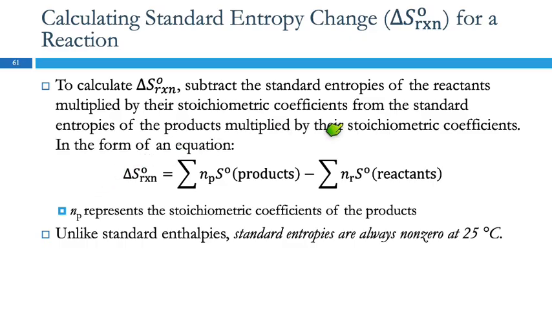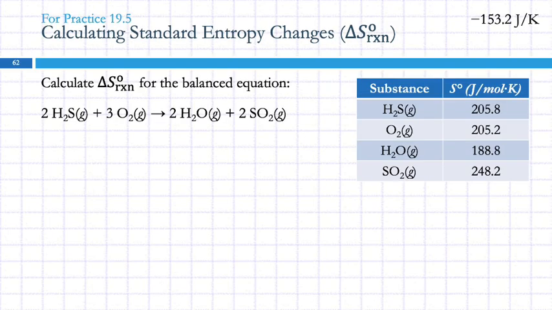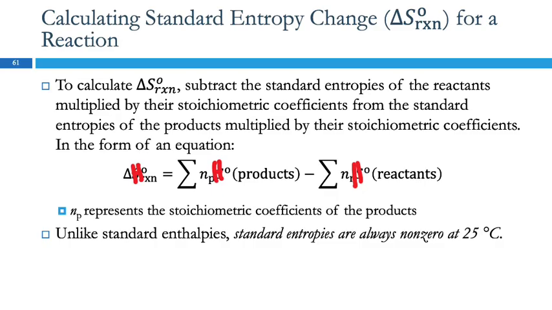So here we got this guy. This is the same form that we saw for delta H. N represents the coefficient in the chemical reaction, the stoichiometry.